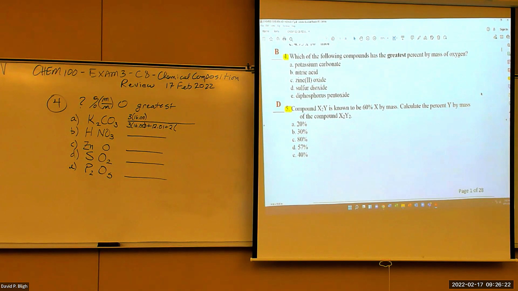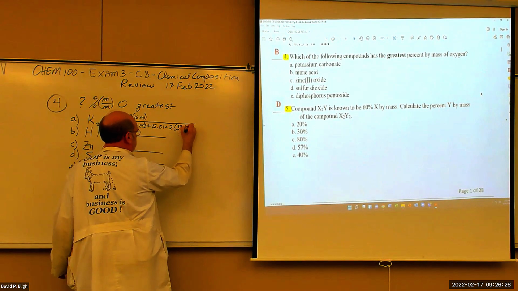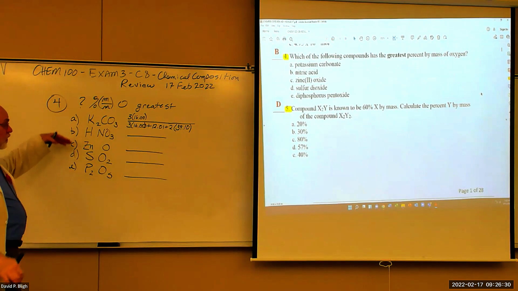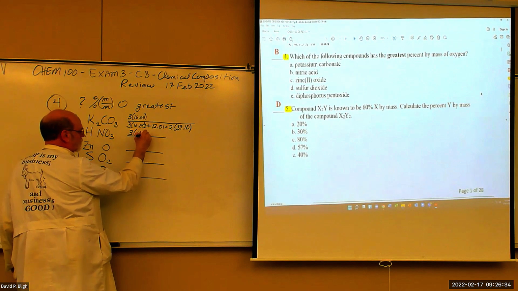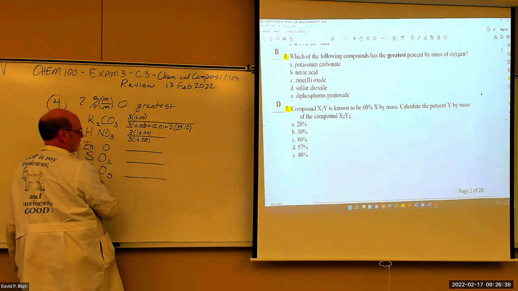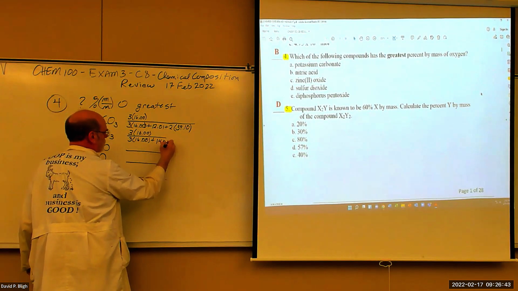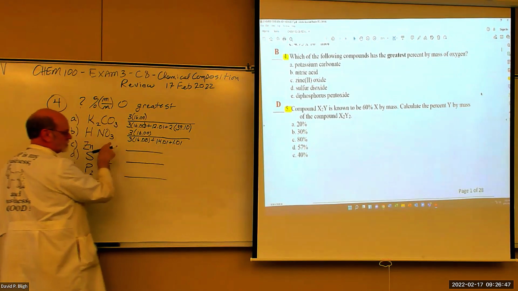Yeah, 39.10. Okay, we do the same thing for each one. Right here, we got 3 oxygens again. Okay, and now we're going to add nitrogen and hydrogen for the total.